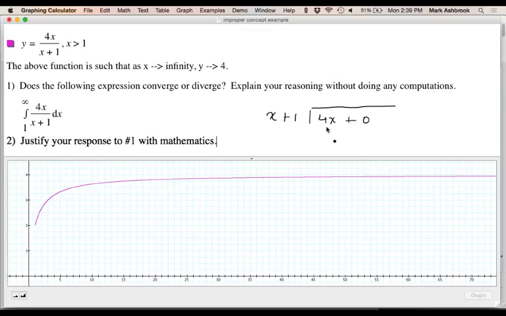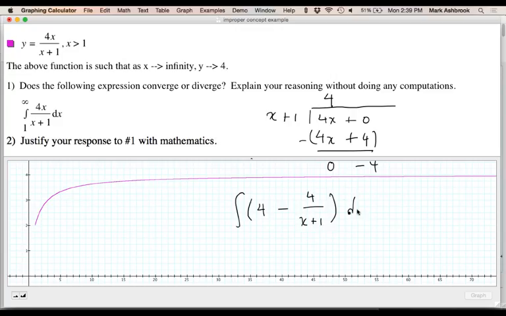And it's a quick long division, right? So you need 4, so 4 times x plus 4 over, so that's going to subtract to 0, minus 4, and what do we get? So we get this thing equals 4 minus 4 over x plus 1. Simple. That's the same antiderivative we got before: 4x minus 4 natural log x plus 1.